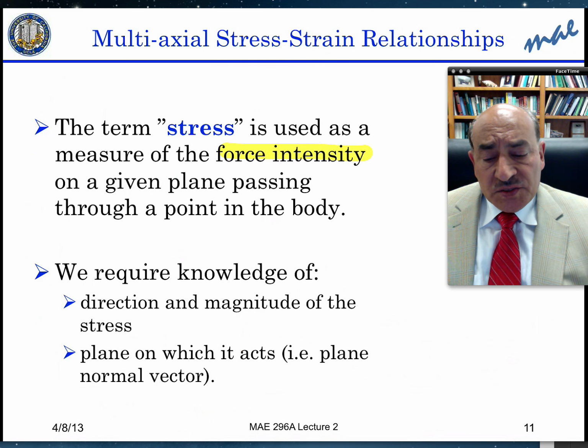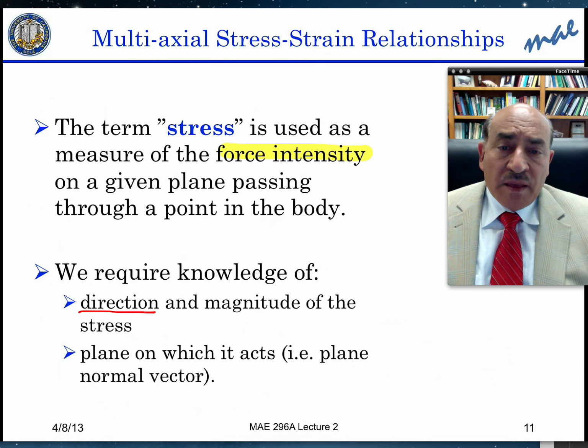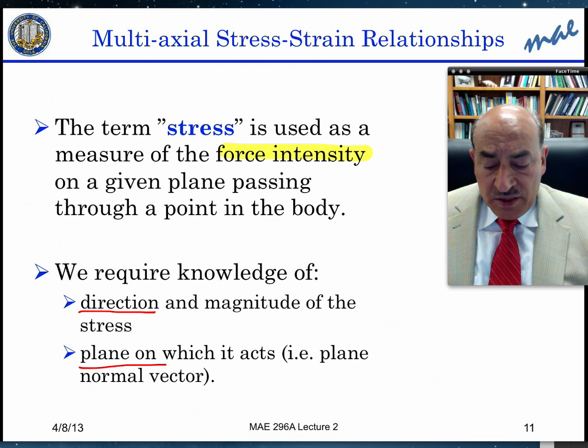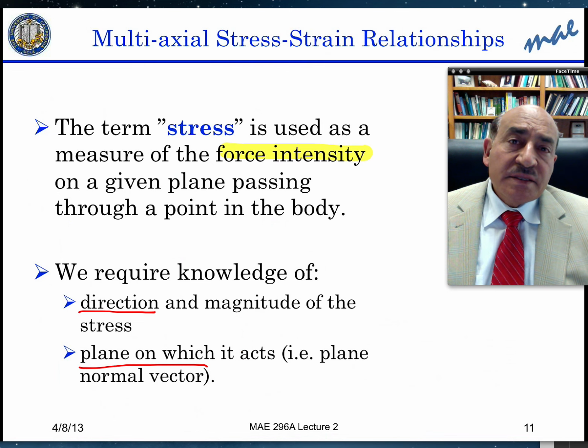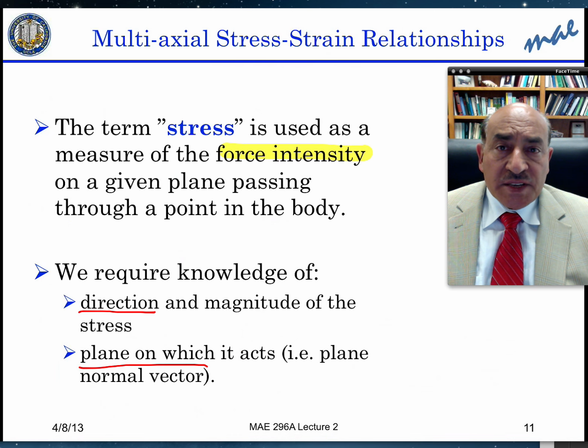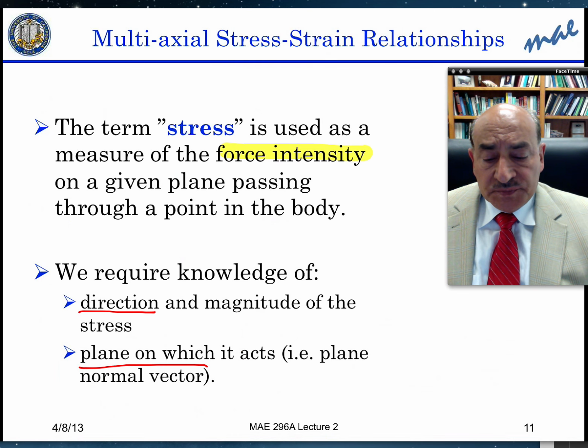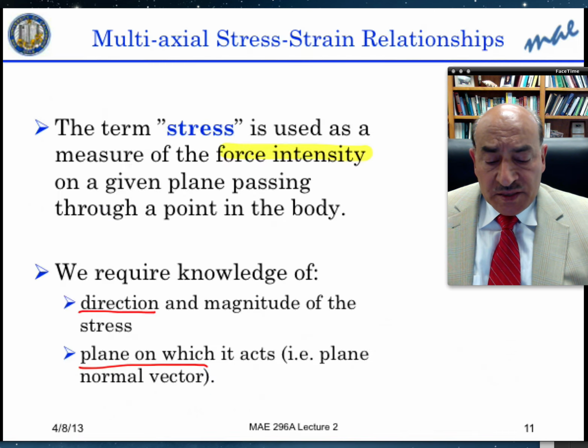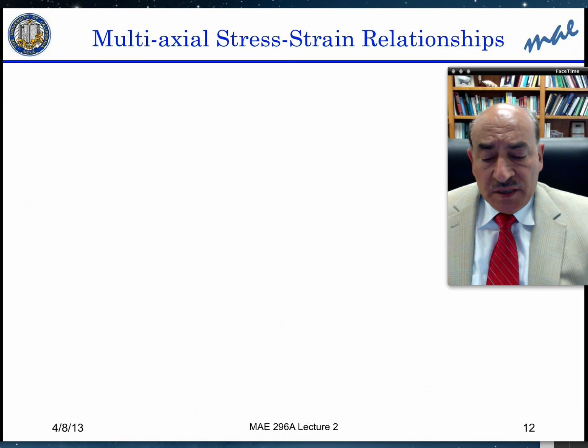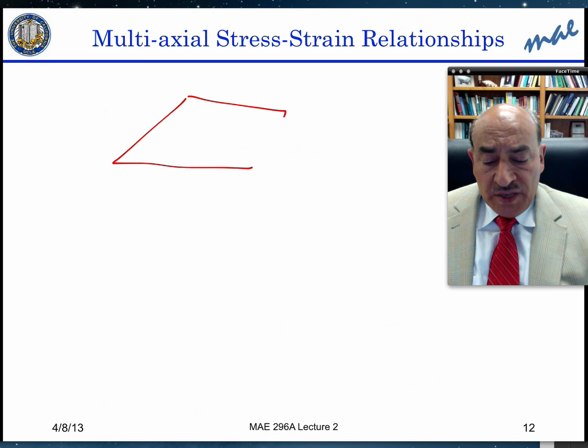So in order for us to get this force intensity, we need the direction and the magnitude of the force, and we need the plane on which the force acts. So we need two different types of information to write what the stress is. Therefore, the stress requires knowledge of the plane and knowledge of the direction.